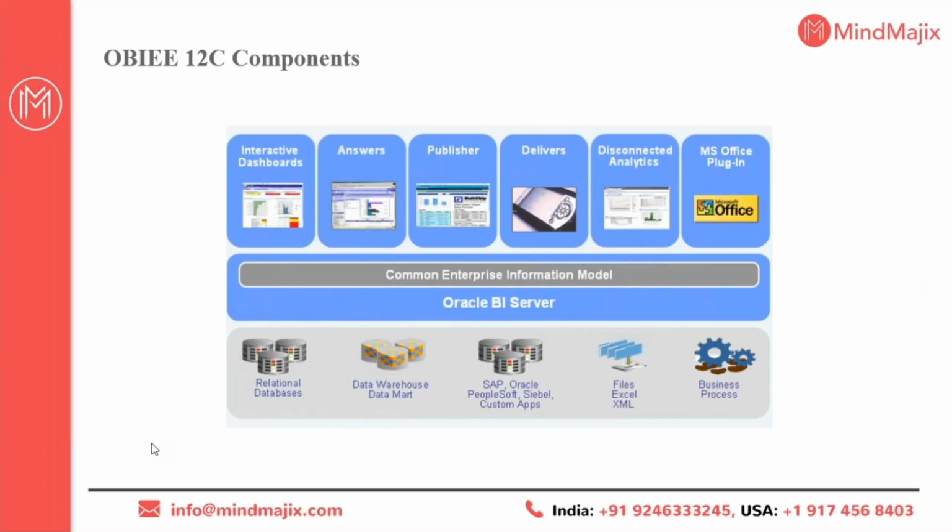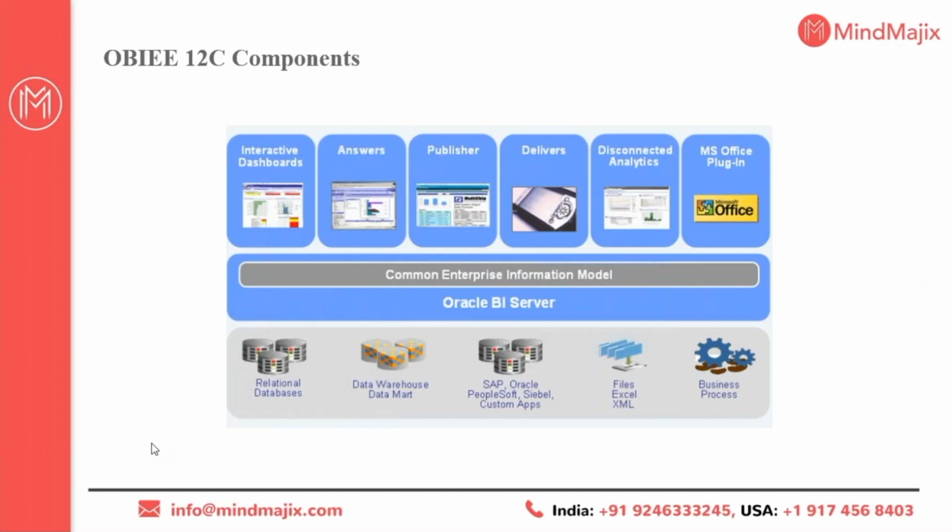Now coming to the next component, which is BI Publisher. So Oracle BI Publisher is actually another tool by Oracle which has the capability to present printable reports which are pixel perfect reports and have the same template throughout. So users can define a template and all the reports will be generated in the same format or the same template throughout.